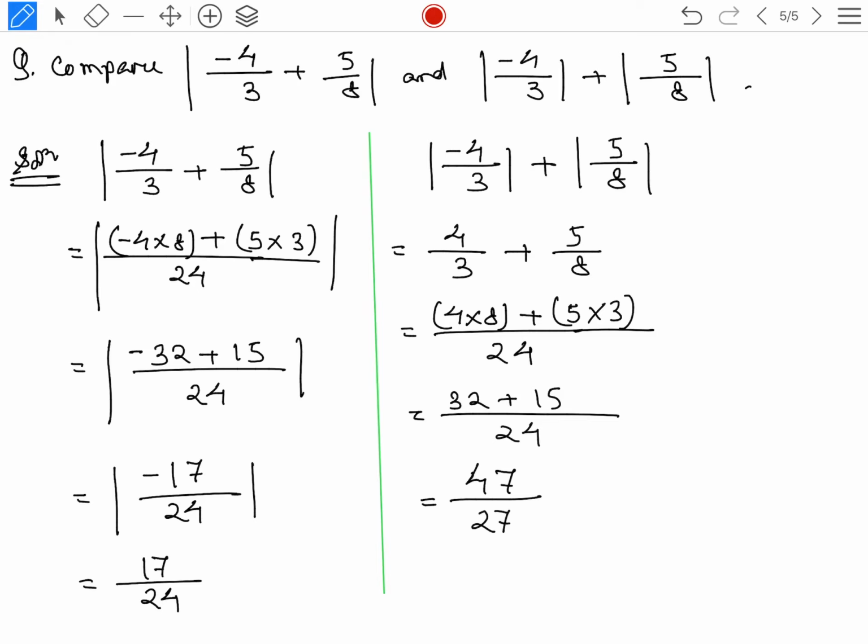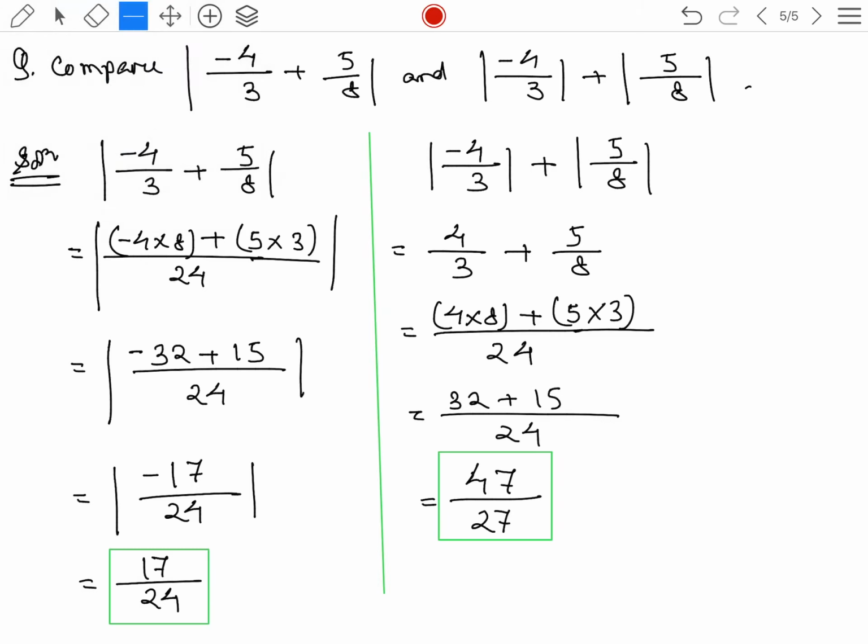So see, first one how much have we got? First one we got 17 by 24, yes or no? And the second one we got 47 by 24. Now you need to compare, no? So which one is greater? You can see that 47 by 24 is greater than 17 by 24.